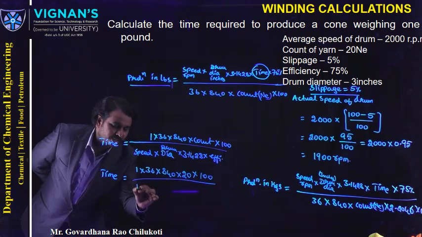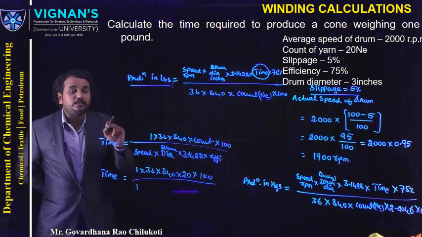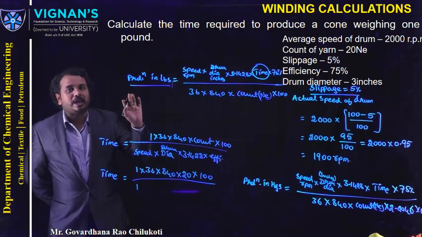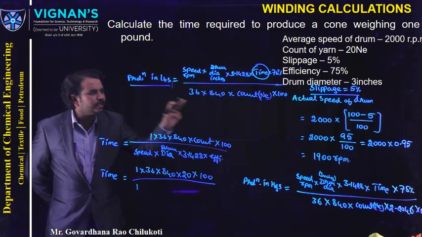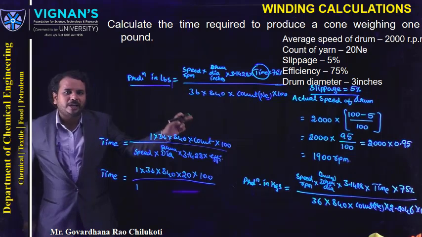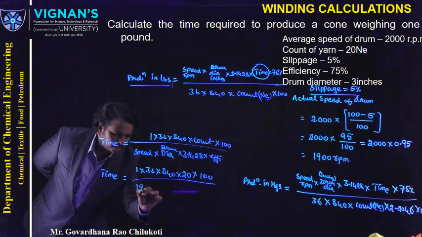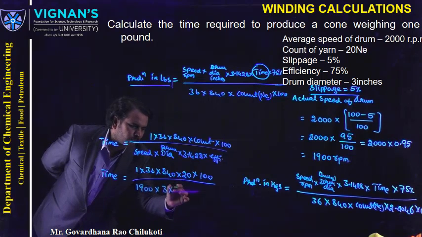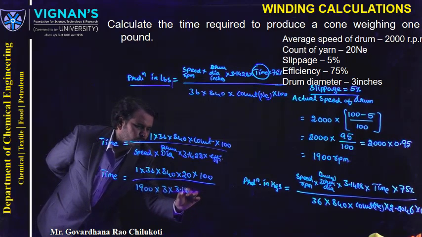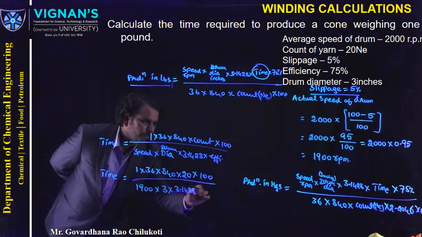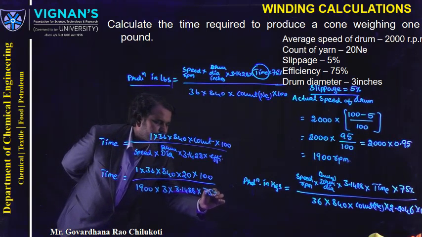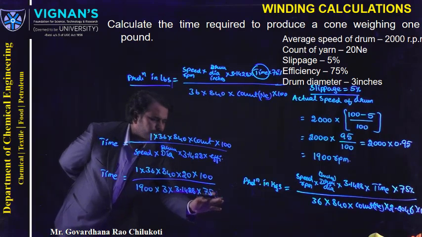And the speed is 2000 RPM given, average speed. By considering the slippage, it came to 1900. So that is why I am going to take 1900. 3 inches is the drum dia. 3.1428 is the pi, efficiency is 75.